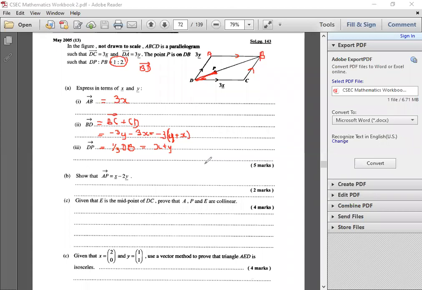Any question? Because if BD is negative 3 bracket x plus y or y plus x, then DB is going to be equal to positive 3 bracket x plus y. And DP is 1/3 of that, so it will be x plus y. Any question?